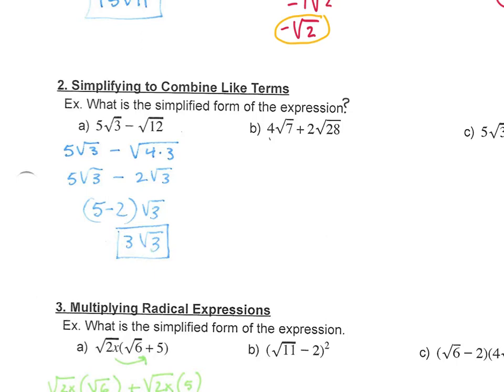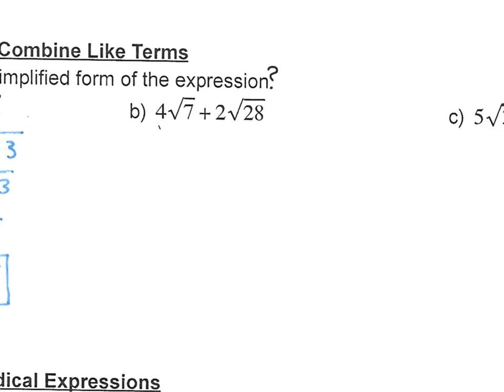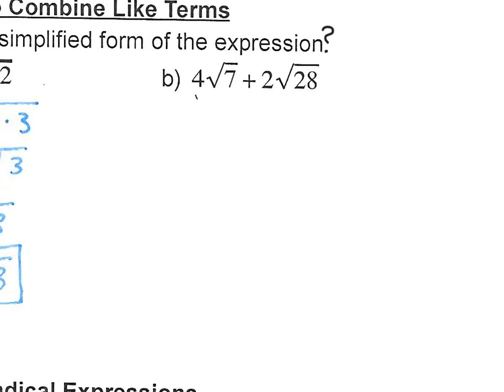So looking at this next example, we have 4 square root of 7 plus 2 square root of 28. Well, square root of 7 is already simplified. I can't simplify that anymore. But I can simplify the square root of 28 because that is 4 times 7.